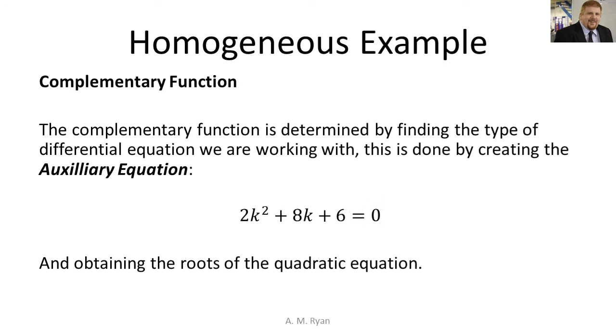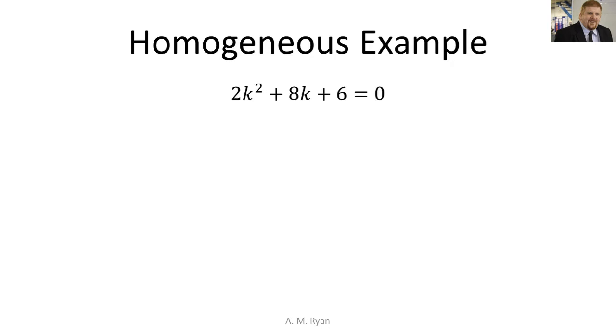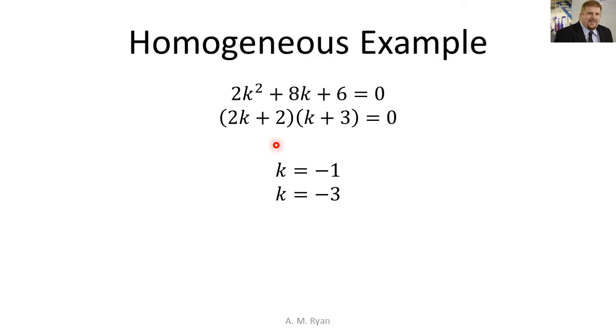So we can solve it, and the roots of the quadratic equation will determine what type of complementary function we need to use. So looking at this, it does factorise. You might not be able to see it. It factorises into 2k plus 2 times k plus 3, and so our roots are k is minus 1 or k is minus 3.